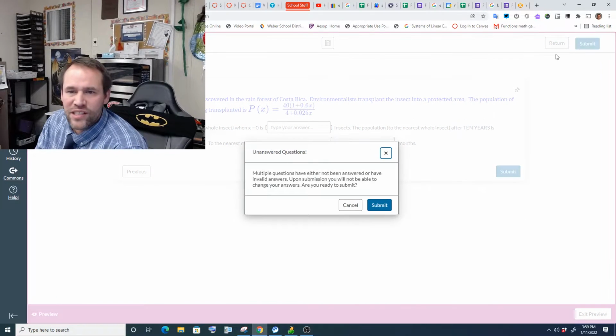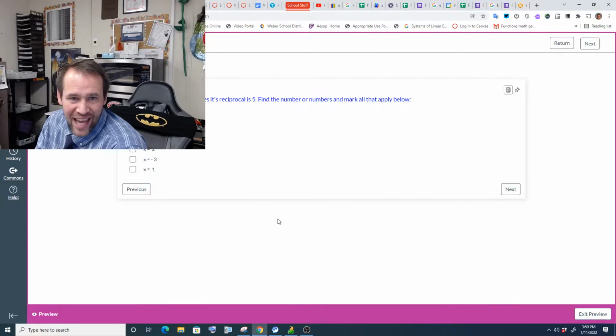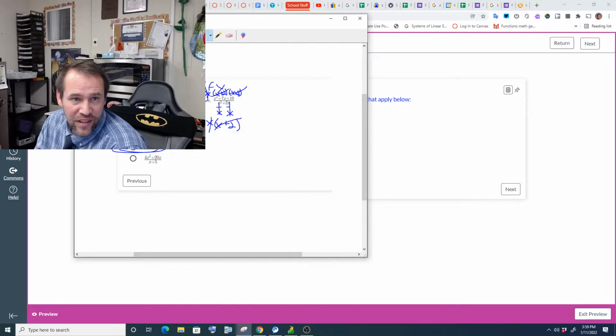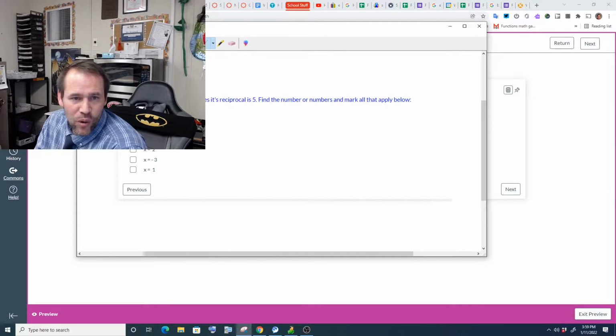So another one was this word problem, I think this one. Yeah, that was a tough one. And I think that one is probably on the final exam as well, if not the other one. So a number, we'll just call it x, is increased by, so that's plus, 6 times its reciprocal.